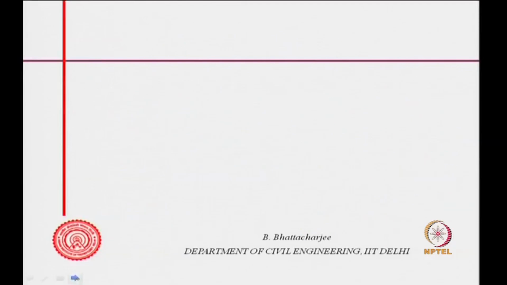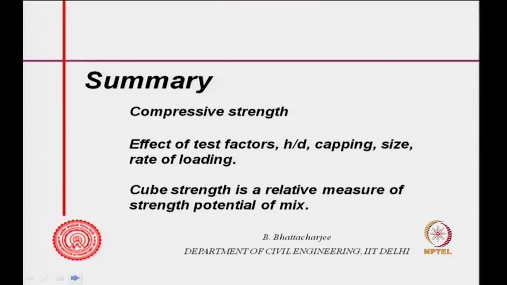So, moisture condition, aggregate type, everything affects this. For compressive strength, we have seen the effect of test factors: L by D, H by D, capping size, and rate of loading. Finally, I would like to say that it is a relative measure of the strength of the potential mix. Tensile strength also varies with the type of measurement.